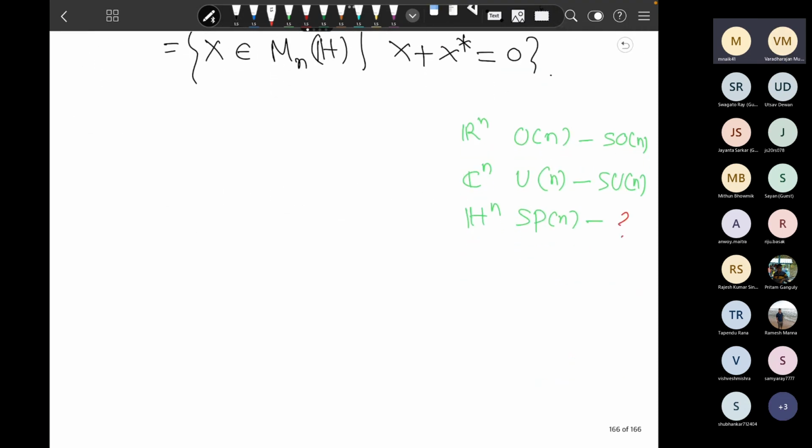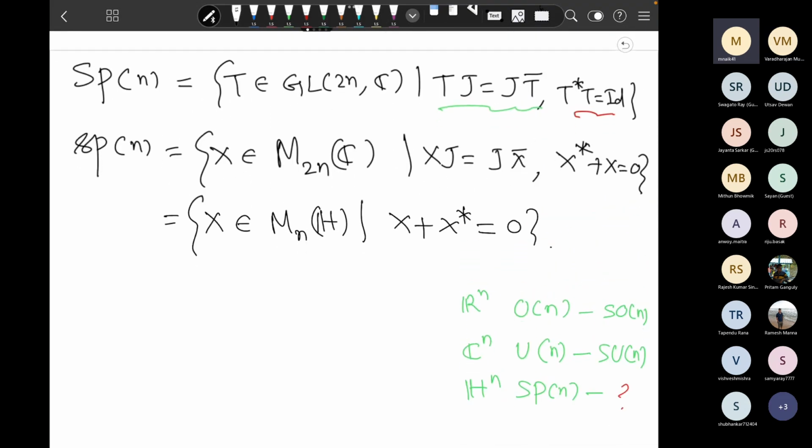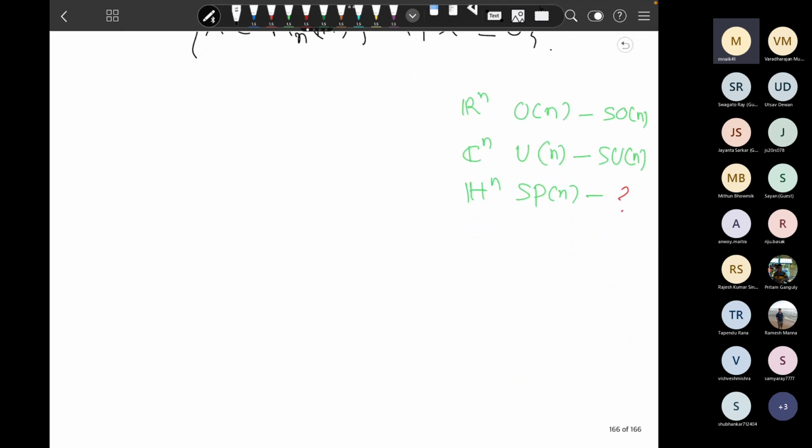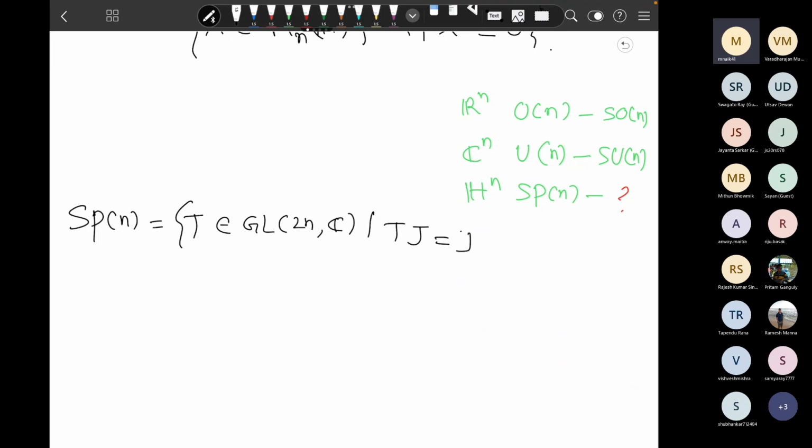Now let us write the definition of Sp(n) once more: T belongs to GL(2n,C) such that Tj is equal to j T bar and T star T is equal to identity.